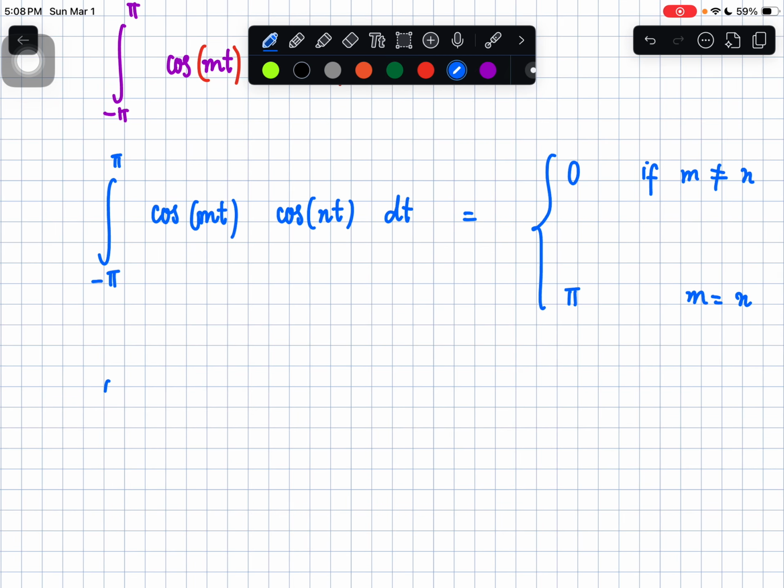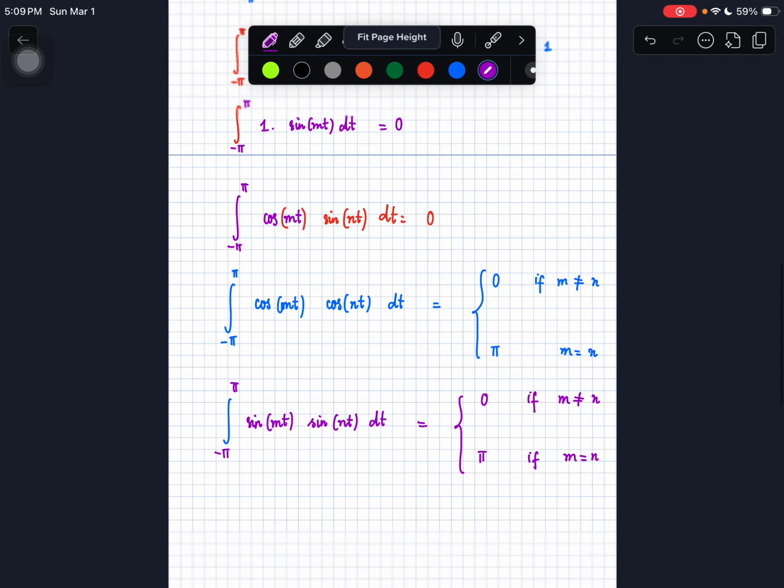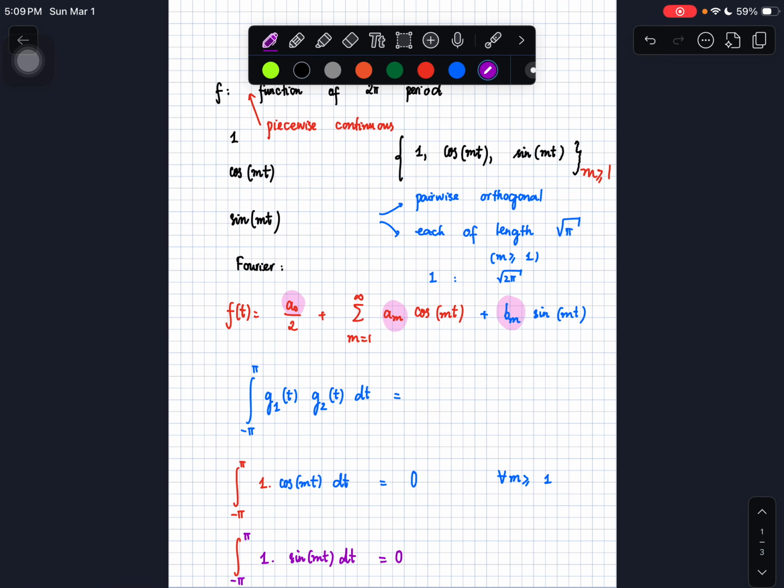You have a similar result for the integral of sine mt sine nt dt. This is equal to 0 if m is different from n, and equal to pi if m equals n. And the last thing: I claim that 1 has length square root of 2 pi.